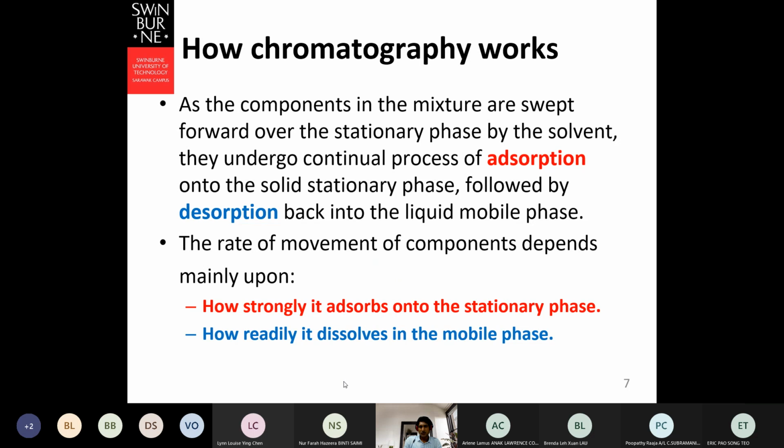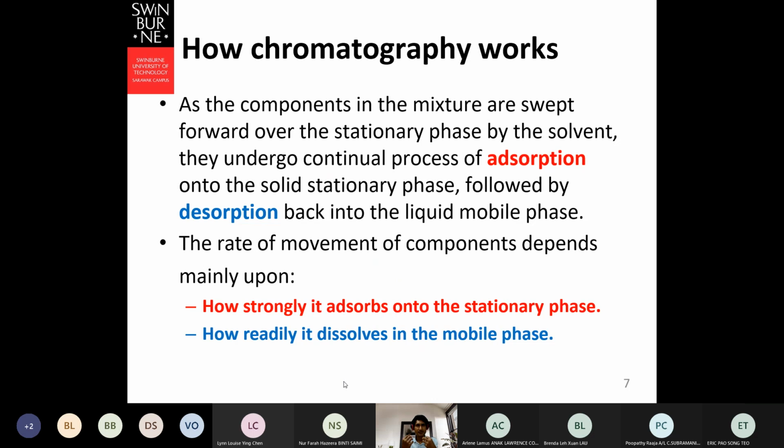Now, when we do chromatography, the examples are coming in the next slides. How does this dissolving happen, on the solid phase or a liquid phase, like dissolves like?